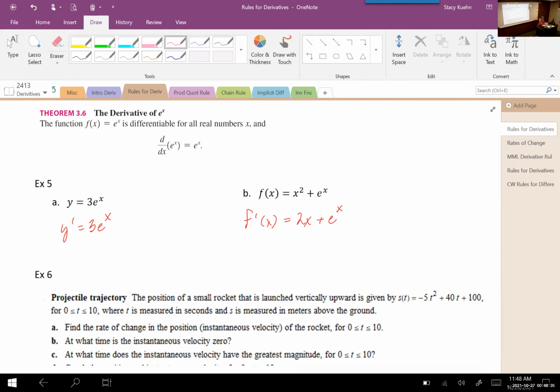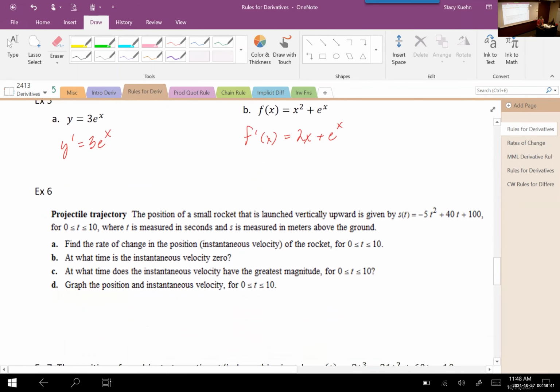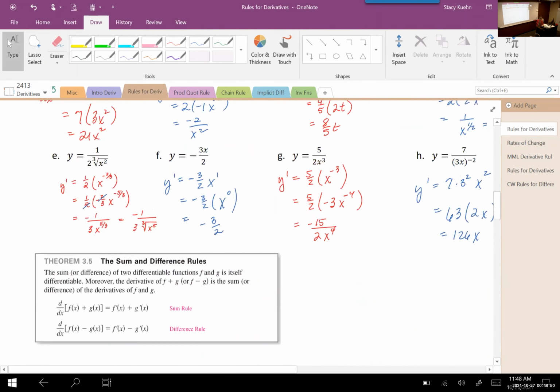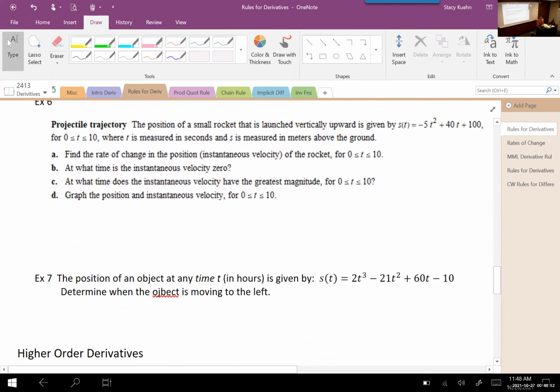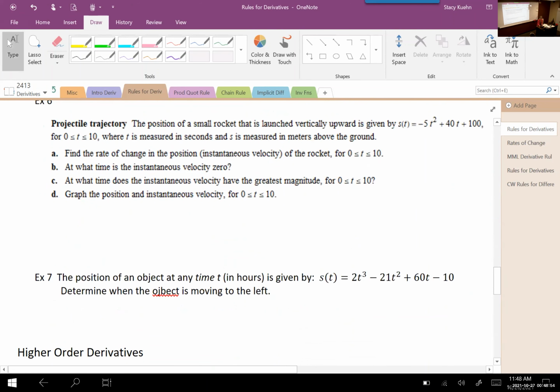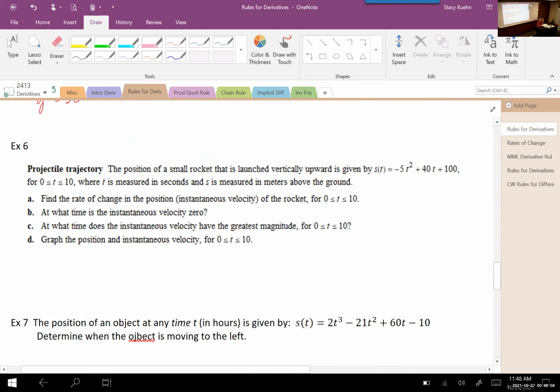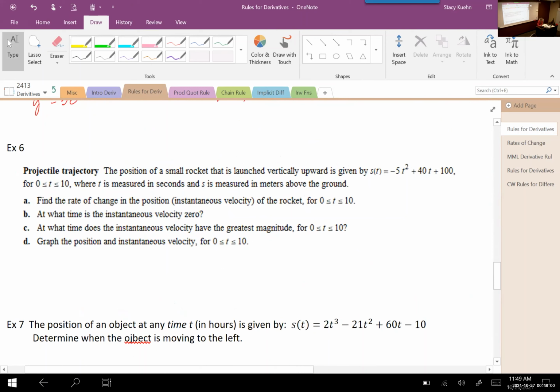Now, let's look at a couple, I think 2, application type problems, and then y'all are going to do some work for me. So we're talking about rates of change here in these 2 problems.